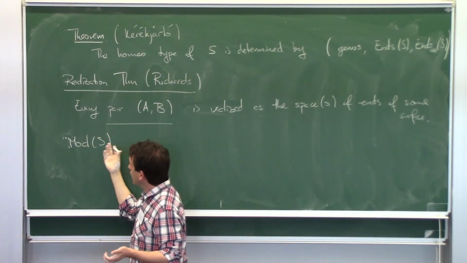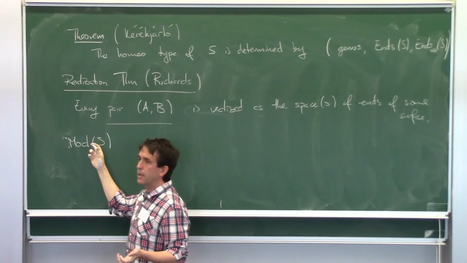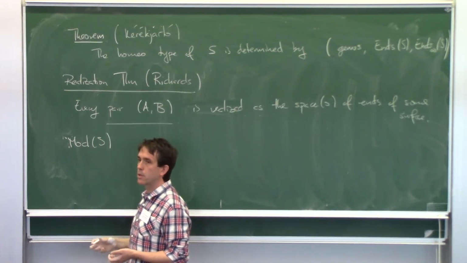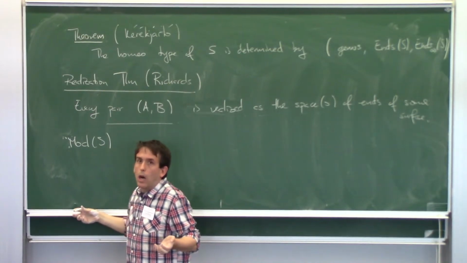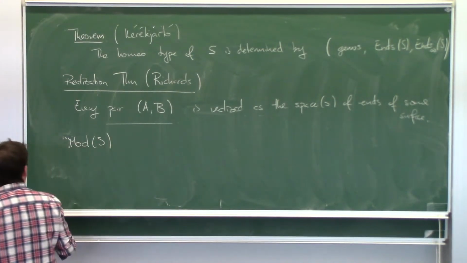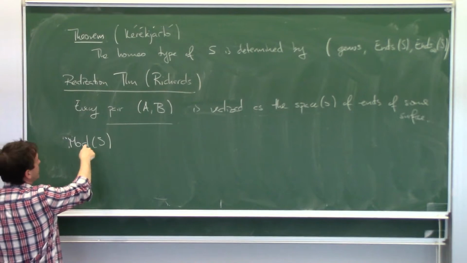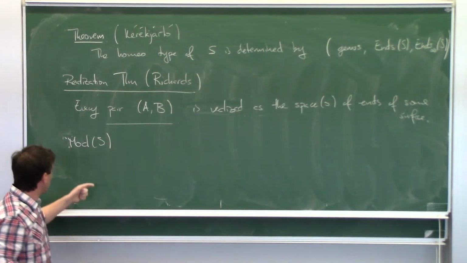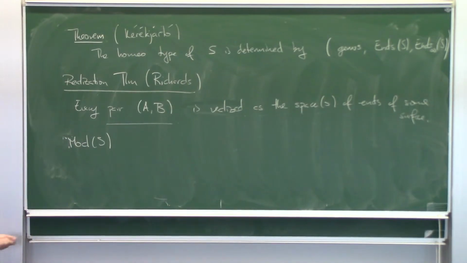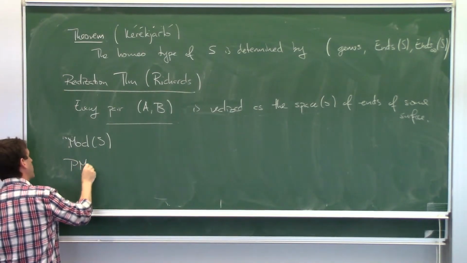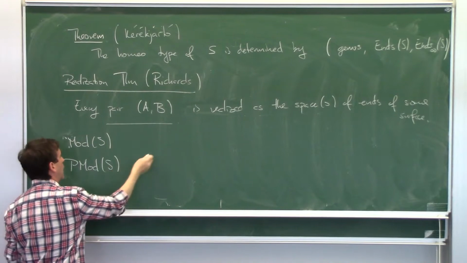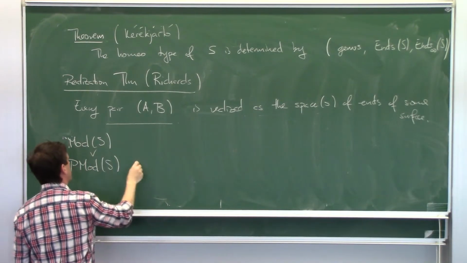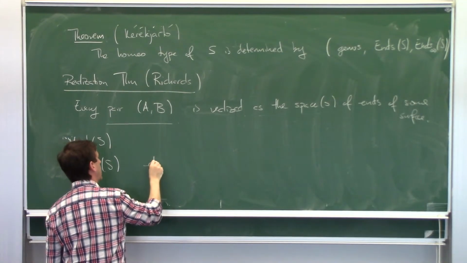So what topology do you put on it? You put the compact-open topology on it, and it's pretty big. Every element of the mapping class group induces a homeomorphism of the space of ends, and then you take the pure mapping class group, the elements that fix the ends.